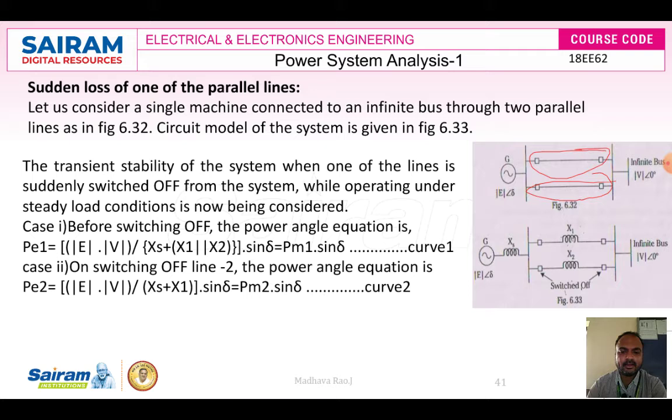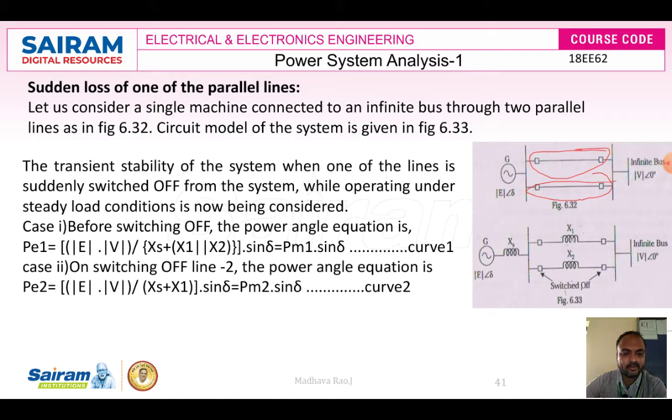So you can say PM1 sin delta is curve 1. The second case is when one line is switched off, line 2. What will be the power angle equation? It is similar to the previous one.